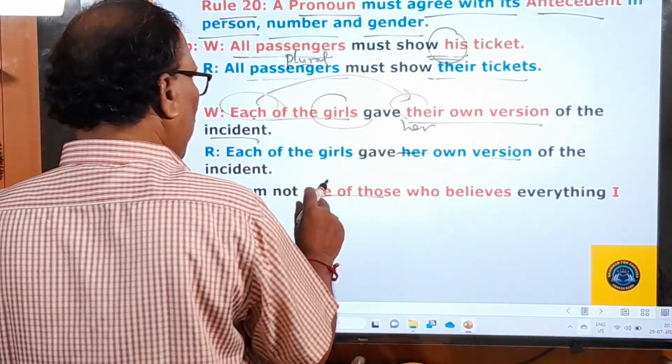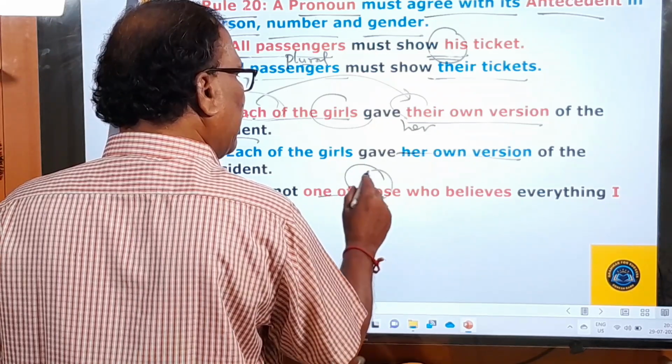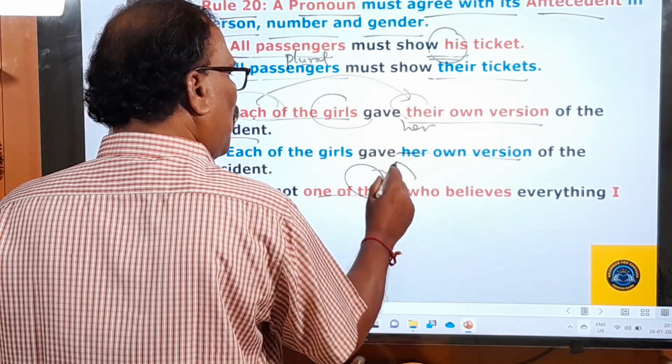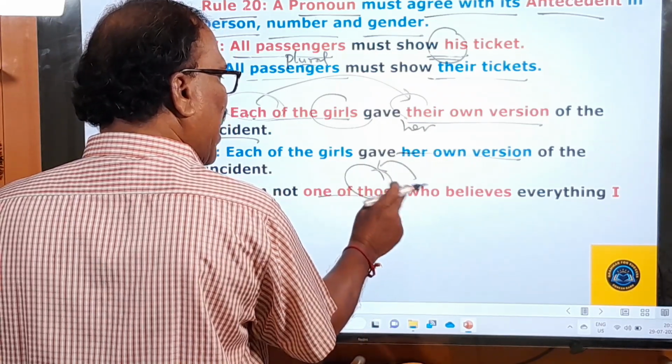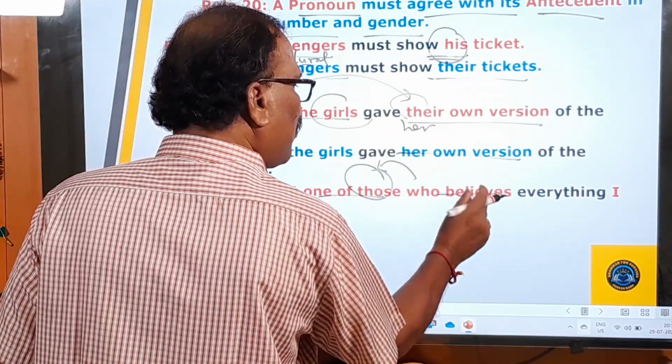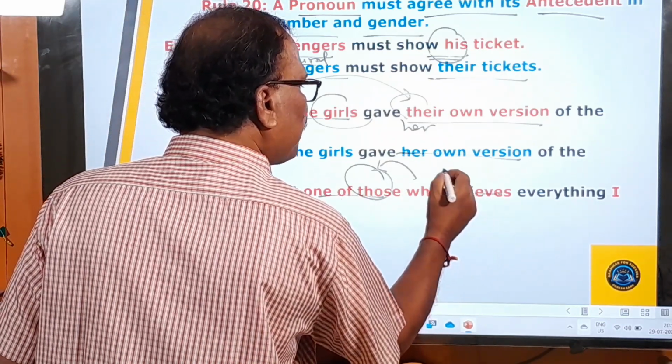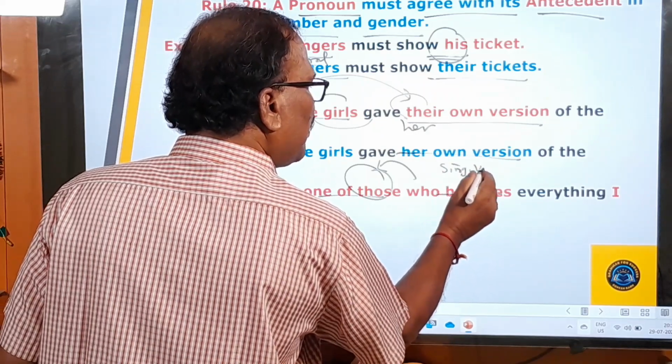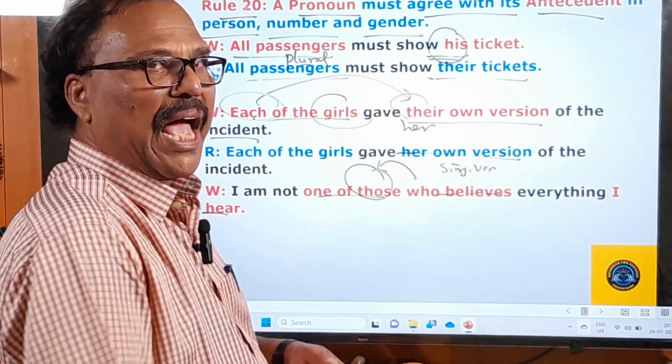And here, I am not one of those who believes everything I hear. Here you see that "one of those" is the antecedent. It is this "who" that is referring to this "those." Those is plural. Therefore, the verb should not be in the singular. But the verb is in the singular. You know very well, if you add "s" to the main verb, that becomes a singular verb. I have been telling you this right from my first video onwards.